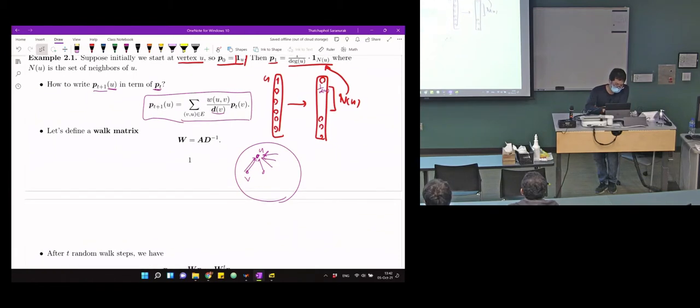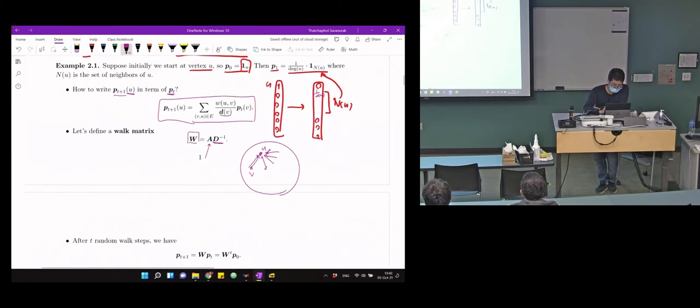And then we define the matrix W, where A is the adjacency matrix and D is the inverse of the degree matrix. Then you can verify that from this equation you can write down the vector p_{t+1} as this thing.